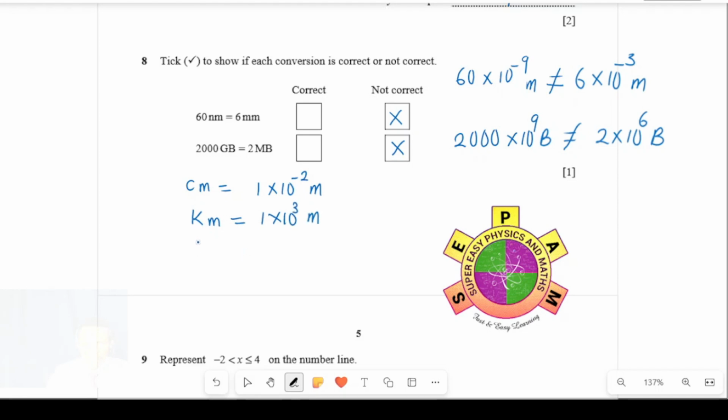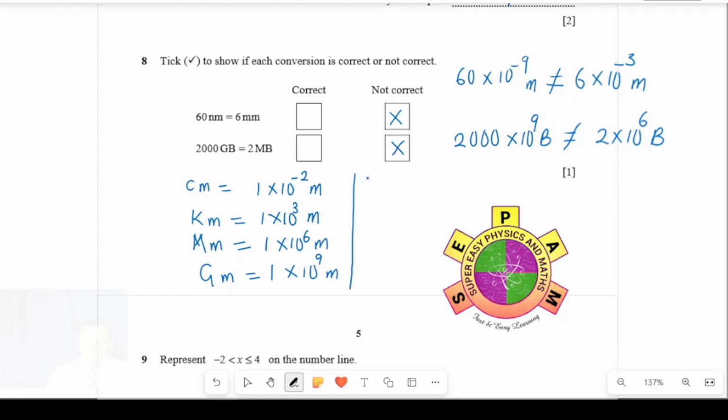Then we have mega, which is 1 times 10 raised to power 6 meter. Then gigameter, which is 1 times 10 raised to power 9 meter. So this is for units that are bigger than 1.